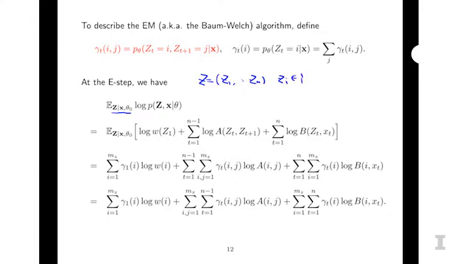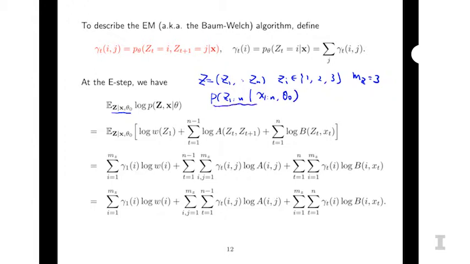Without loss of generality, let's assume m_z is equal to 3, so there are 3 latent states. This is the distribution p of z1 through zn given the data x1 through xn and some initial parameter theta 0.